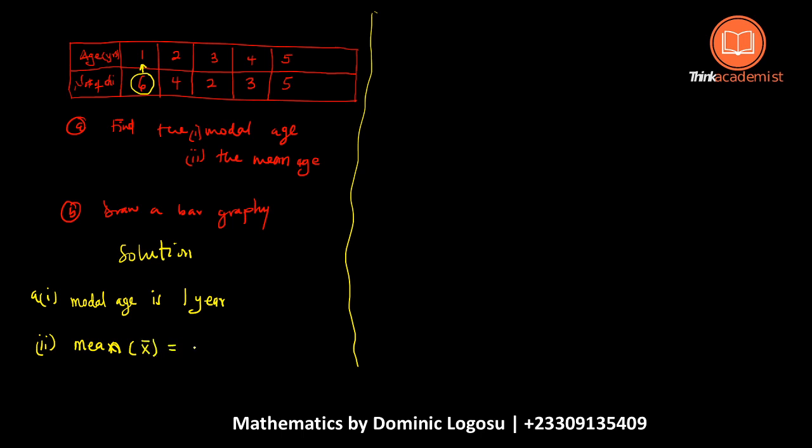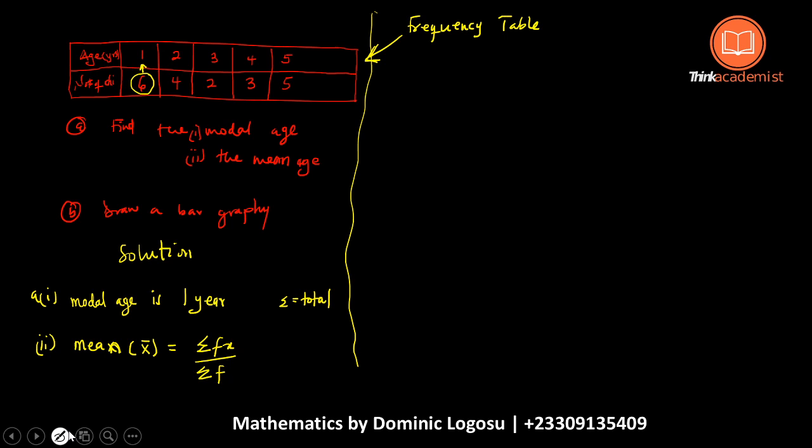The mean is sigma fx over sigma f. Sigma here means total. So we are going to do a frequency table for this particular data. In our frequency table, we need the age, which represents our x.